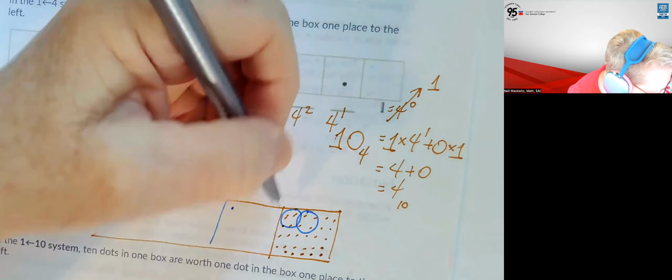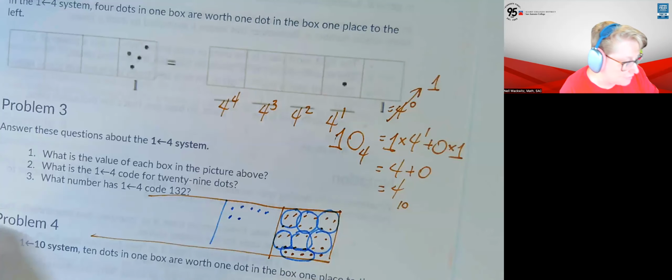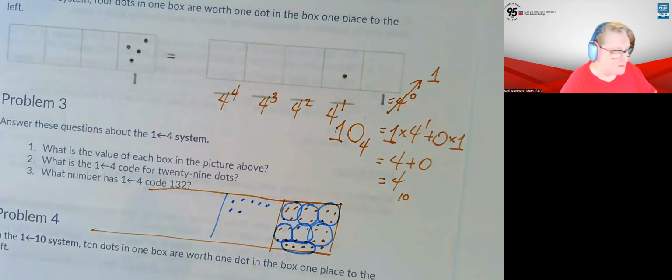Those 4 make 1. These 4 make 1. These 4 make 1. These 4 make 1. These 4 make 1. These 4 make 1. These 4 make 1, and then we have 1 left over. So 1 is going to stay in the 1's place.